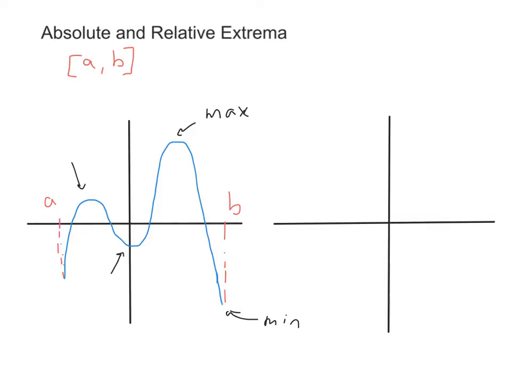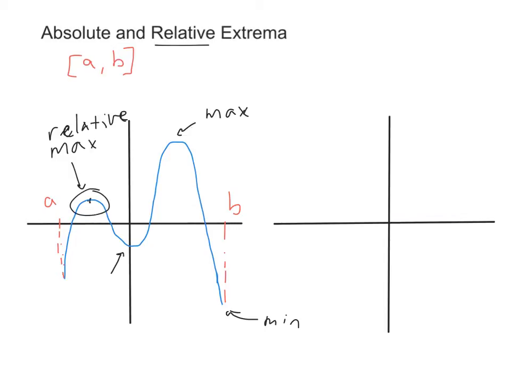Now, not on the entire interval, and that's where a relative extreme, either minimum or maximum, comes from, these hills and valleys. So since I have a hill over here on the left side, this would be considered a maximum, but it's a relative maximum. It's only in relation to everything. It's all relative. It's a maximum here in this general area, right there.